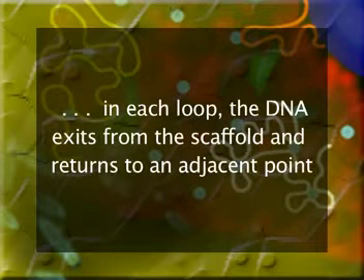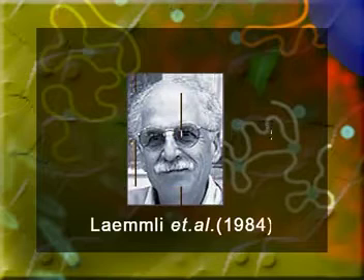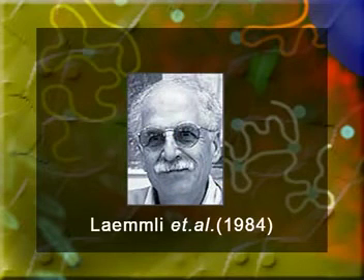In each loop, the DNA exits from the scaffold and returns to an adjacent point. On the basis of these observations, a model of chromosome structure called Radial loop model has been proposed by Laemmli and his co-workers in 1984.